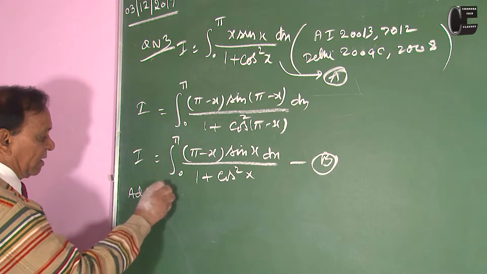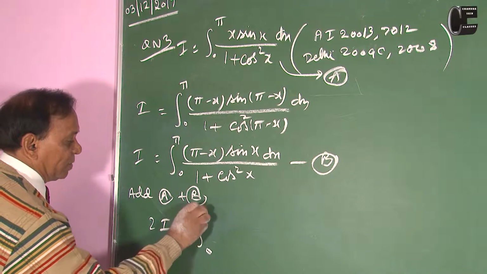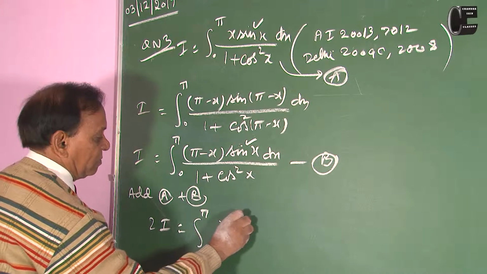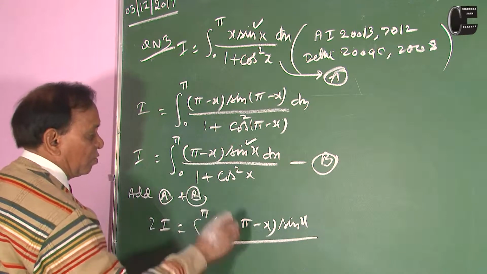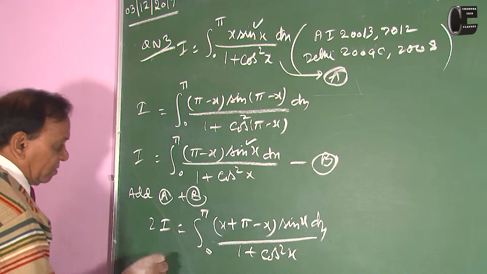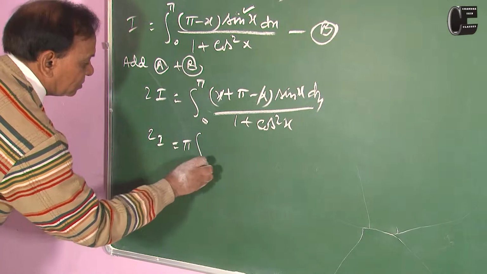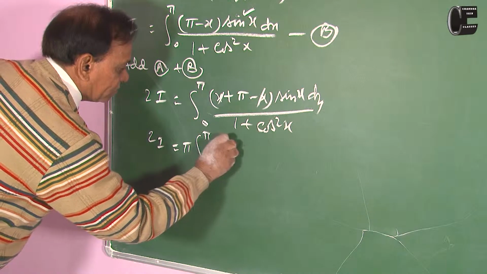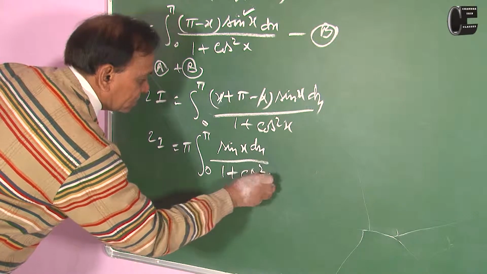Add a and b. 2i will be equal to the integral from 0 to pi, sin x common, therefore x plus pi minus x into sin x divided by 1 plus cos square x dx. Yes, x cancelled. Therefore 2i equals pi times integral from 0 to pi of sin x dx divided by 1 plus cos square x.